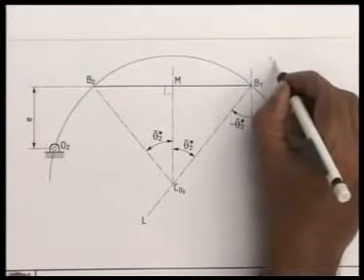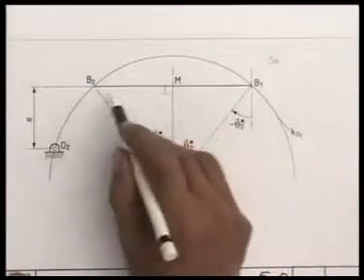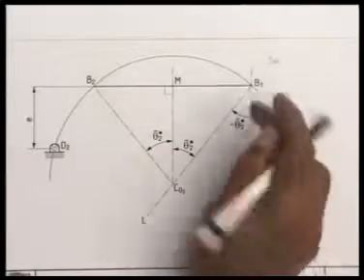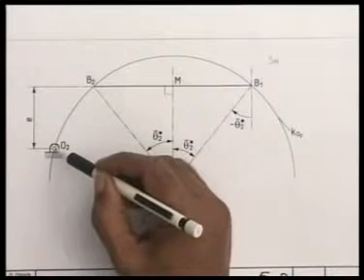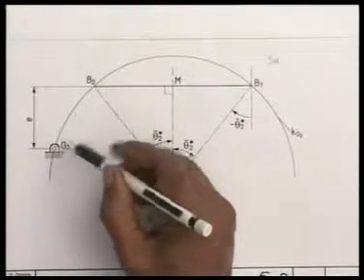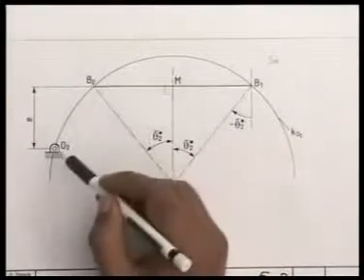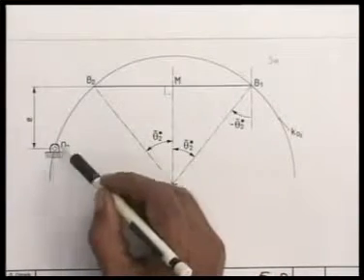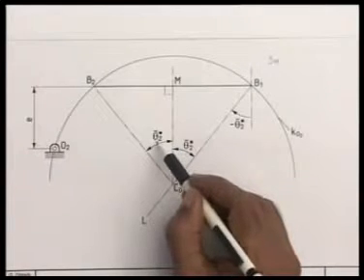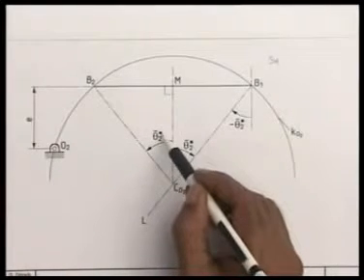So, I draw a line B1, B2 along the line of movement of the slider of length SH. Now, we have seen O2, that is the crankshaft, should be so located that this B1, B2 subtends an angle theta 2 star bar at O2. Theta 2 star bar we can obtain from the desired quick return ratio.